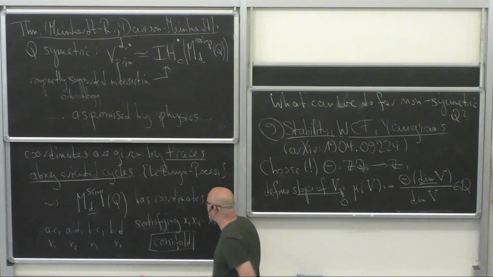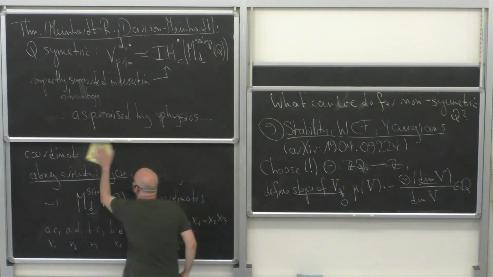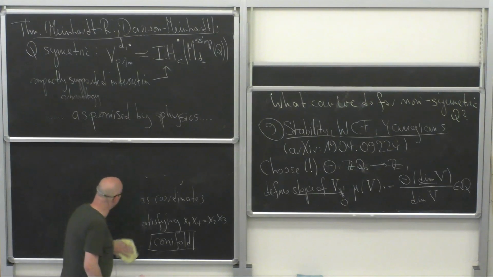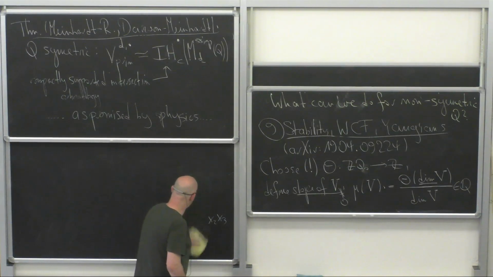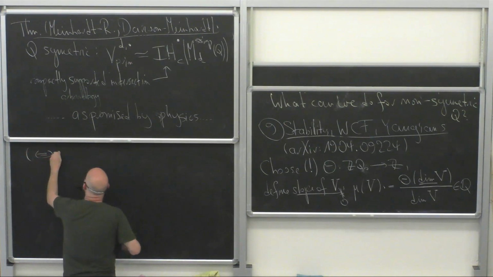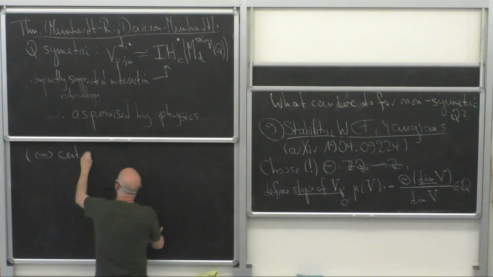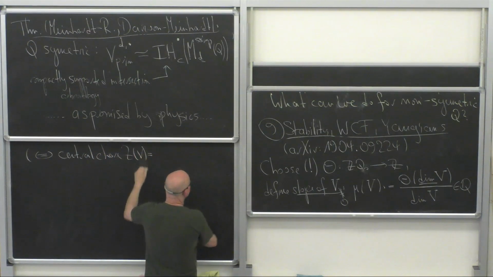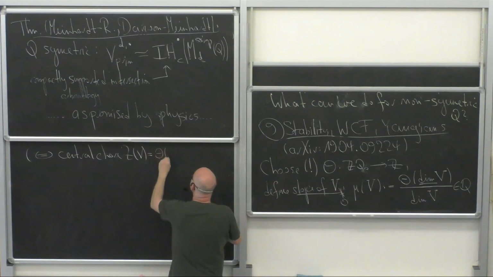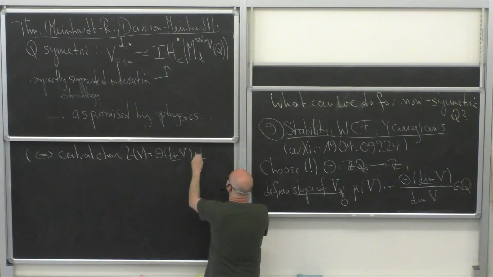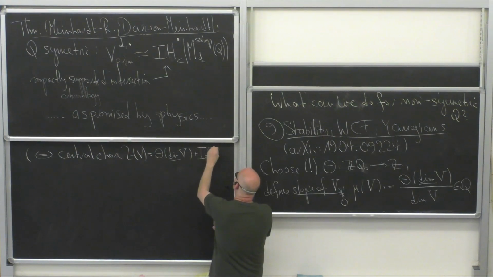An equivalent formulation is to work with stability defined in terms of central charge. Just to explain the translation: equivalently, you can look at the central charge of a quiver representation, Z of V, where you take theta of the dimension vector of V as the real part of a complex number, and you take its total dimension as the imaginary part.